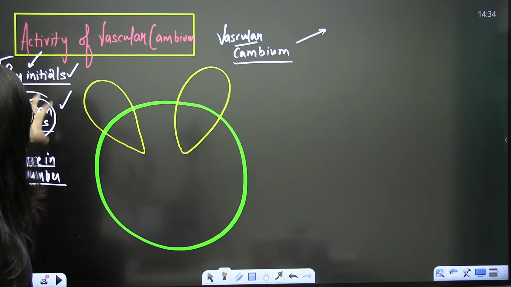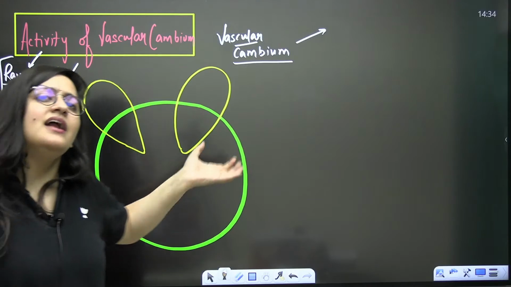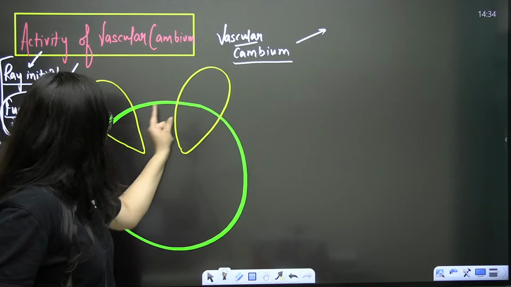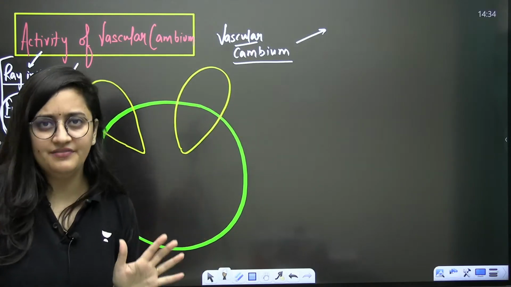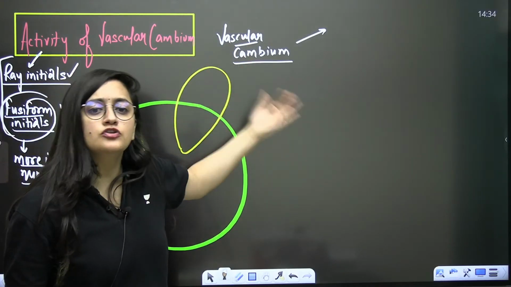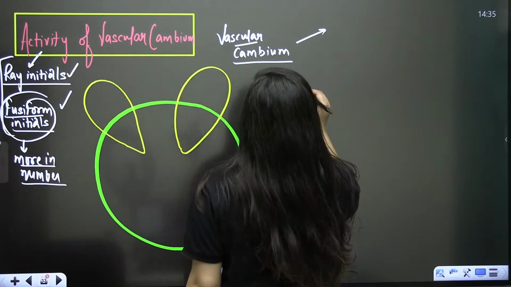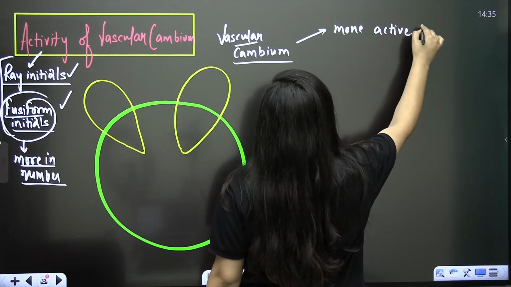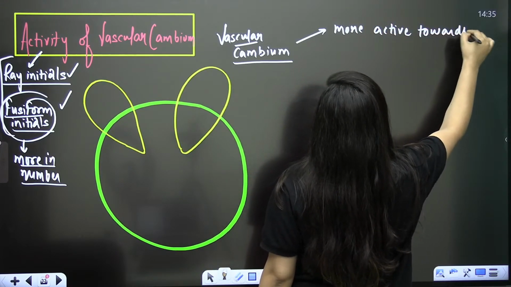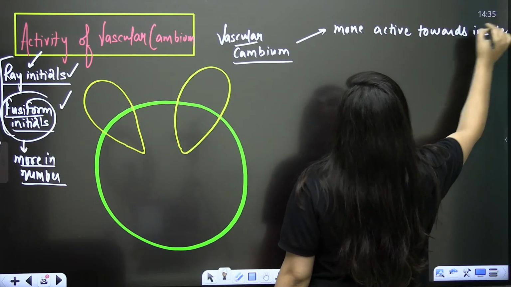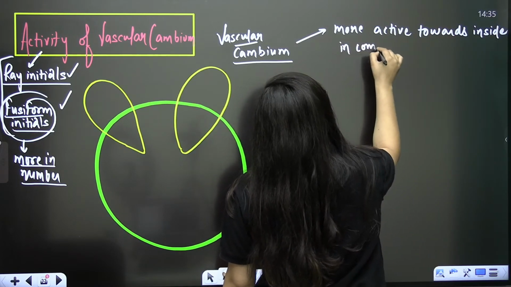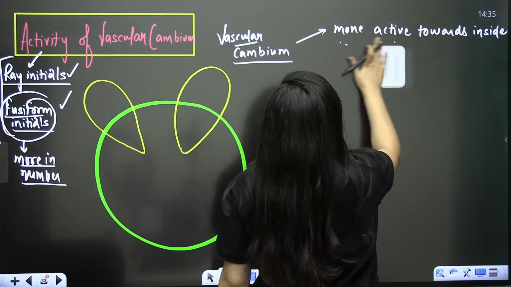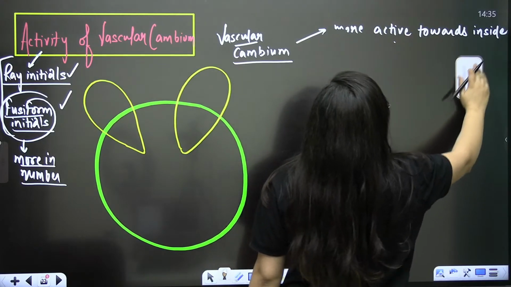Ultimately both of them divide and form different structures. But in NCERT, they have kept it very simple. They have simply used the word vascular cambium and then the activity of vascular cambium. It is cambium, so for sure it is going to divide. It is more active towards the inner side.